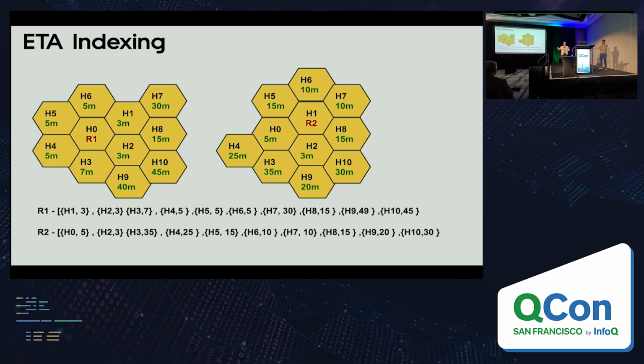So one of the aspects that we talked about as part of ingestion is that the metadata we get from the upstream services was not passed on to the rest of the stack to be able to do meaningful optimizations on top of it. So if we take restaurant 1 and 2 as part of this example, as we index that restaurant 1 can deliver to hexagon 1, 2, 3, 4, we do not know relative to H1 how far away H2 is, how far away H3 is and so on.